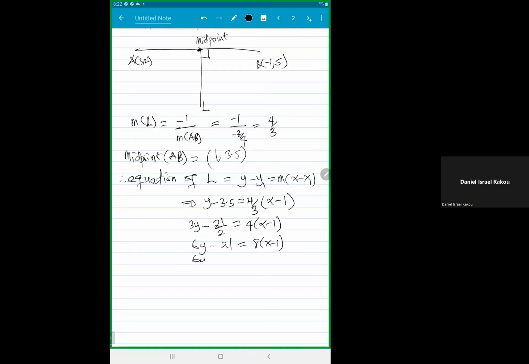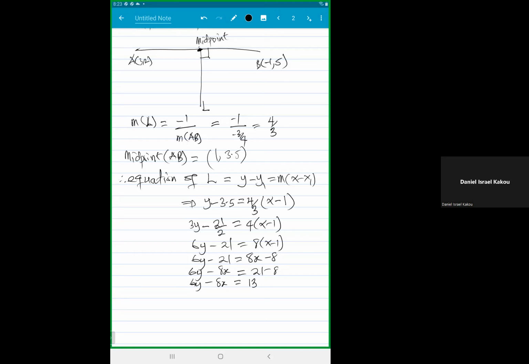So we expand the bracket this time, and that will be 8x minus 8. So I just arrange it nicely now: 6y minus 8x is equal to 21 minus 8, and that is 13, right? Okay. So that ends it for the equation of the perpendicular bisector.